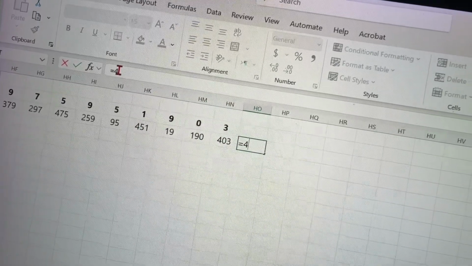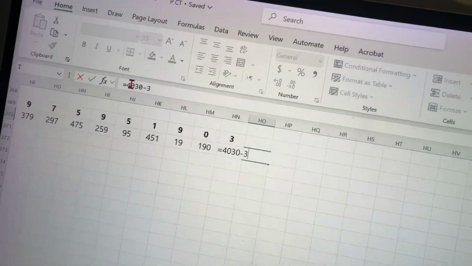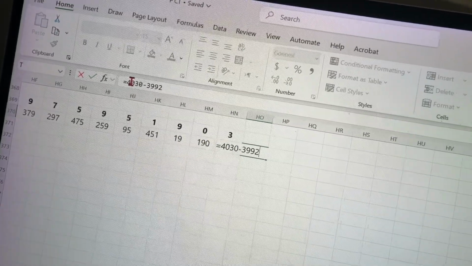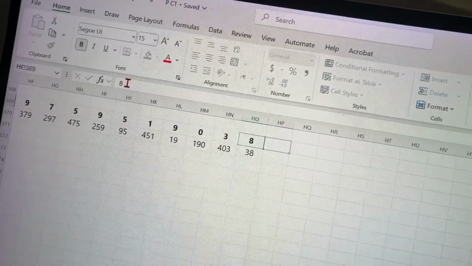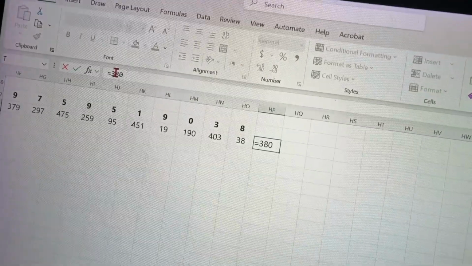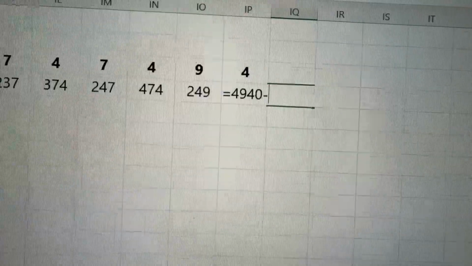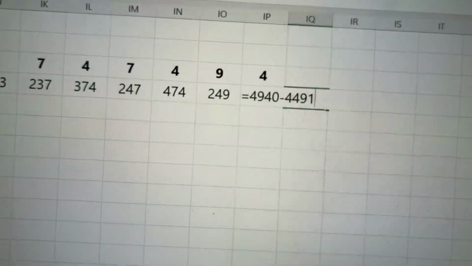How many digits does the cycle of 499 reciprocal have? Coming up to row HO over here, so I go up to 403, I multiply that by 10, and I take 3,992, and I get remainder 38. And because times 10 is less than 499, I say minus 0. Go up to 494.